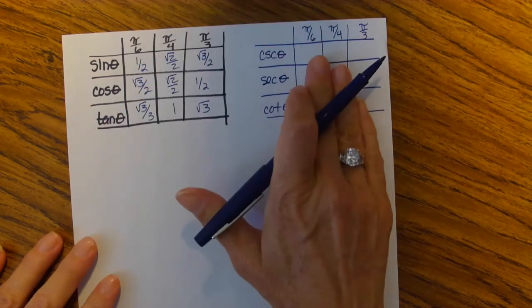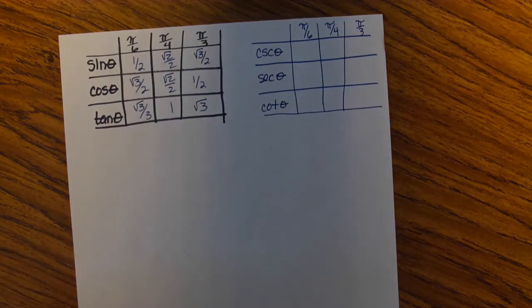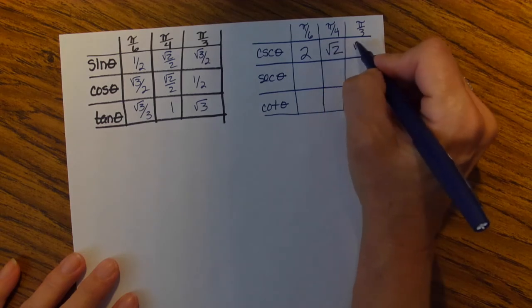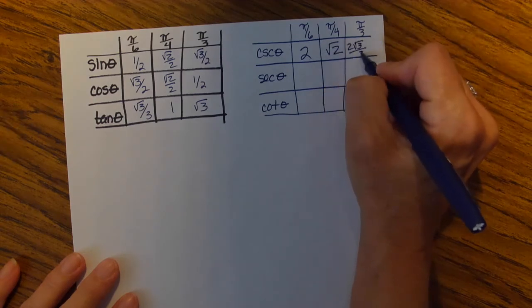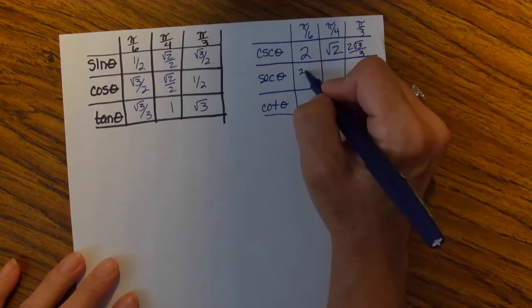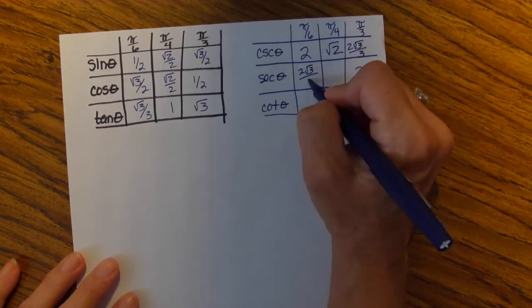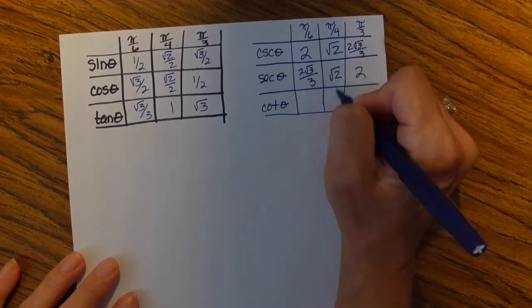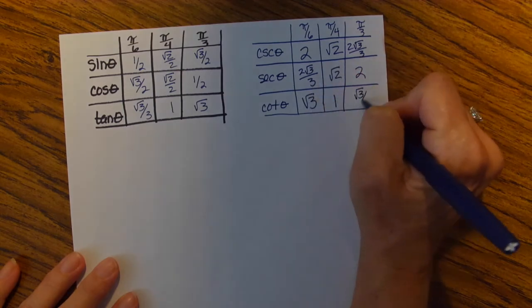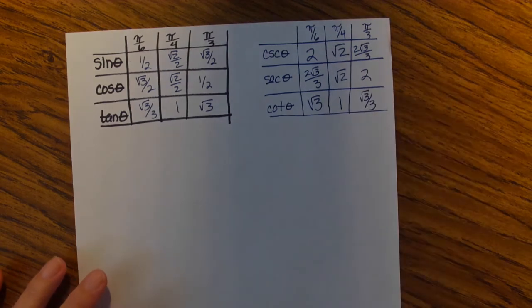Then you can transfer these numbers over here just by turning them upside down. Okay. When you can take these two charts and just write them all down without thinking, you're where you need to be. Just practice till then.